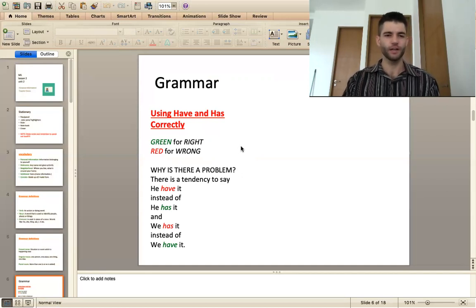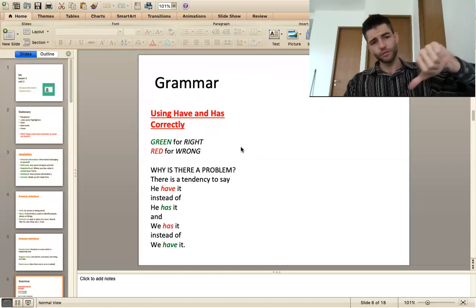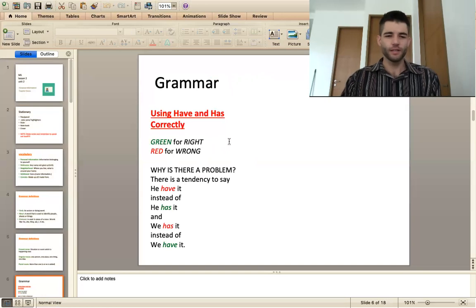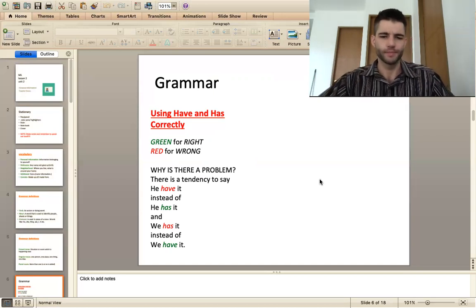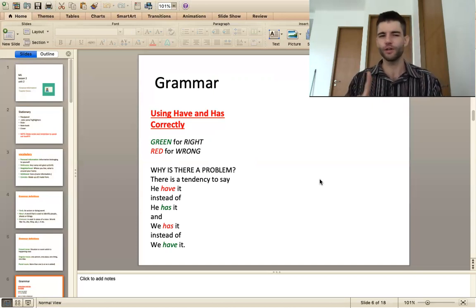You'll see here we have two colors, green for right and red for wrong. In these examples, it says, why is there a problem? So why do we need to learn the difference between has and have? Well, first of all, we would like to speak correctly, and we would like to use our language correctly.